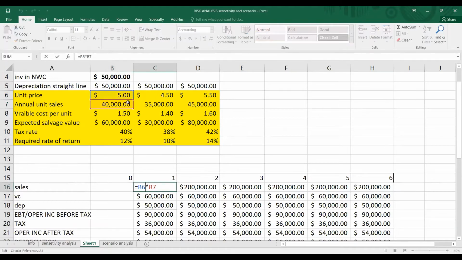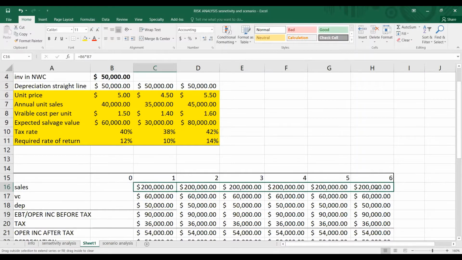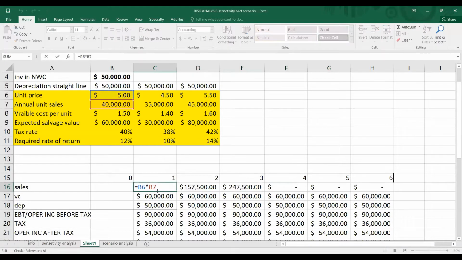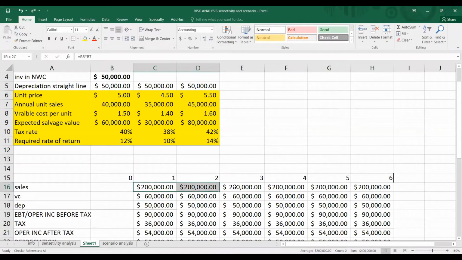That gives you $200,000 revenue and sales every year, during the 6 years. So the project will last for 6 years.